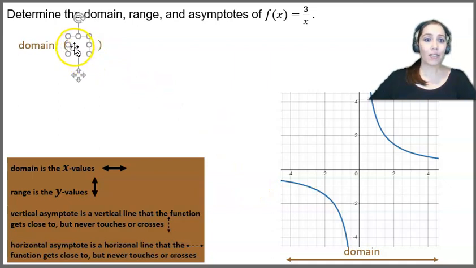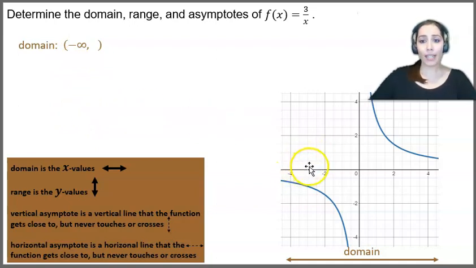Since negative infinity can never have a closed bracket, you have to have the open parenthesis. Then as I go to the right on my x-axis, my function gets closer and closer to where x equals 0. It'll never cross it. So there is negative infinity, 0.